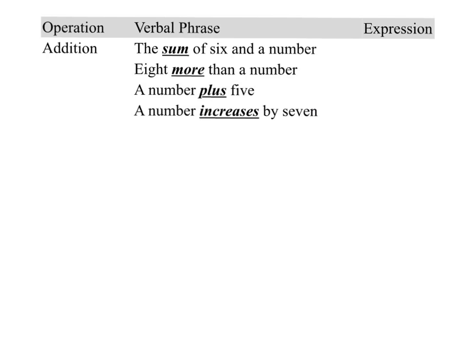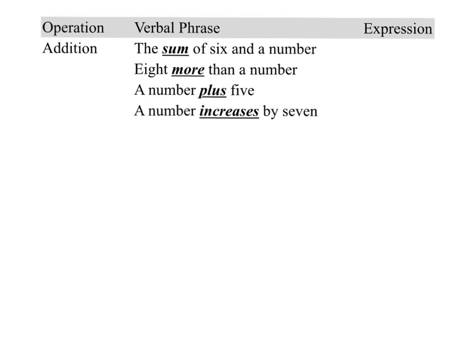All right, so in our chart, we've got 4 sections. We'll use our foldable that we just created to fill in this information. So I've got addition words, words that mean addition. The sum of 6 and a number.